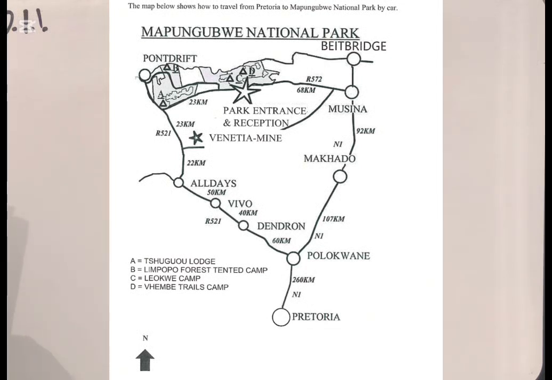You should not forget that we have this key to say that A represents a Chungol lodge, B represents Limpopo Forest Tent Camp, and then we have C, and D for Bembe. The most important thing is our compass direction is pointing up. So we should not forget that when we are to give the direction. Okay, it's fine. Let's look at the first question.